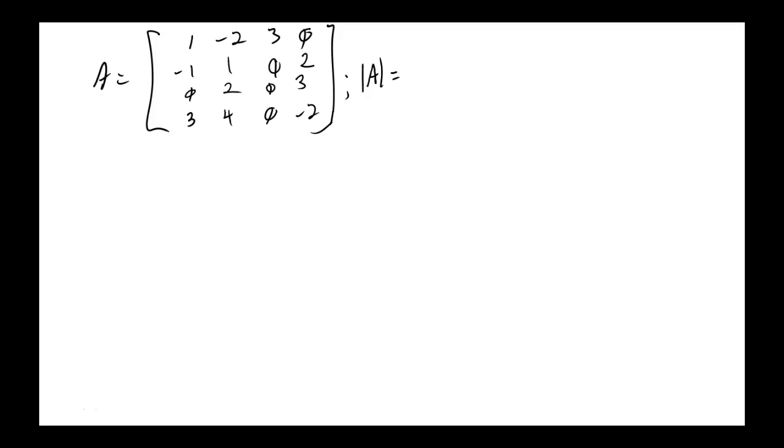And that's the one we're going to expand by, because it has the most zeros, okay? Now, first, the next question you ask yourself, what is the sign of that position where 3 is? It's a positive place. So that would be a 3 times the determinant of what's left over. So wipe out that row and column, and the determinant of what's left over is -1, 1, 2, 0, 2, 3, 3, 4, -2.